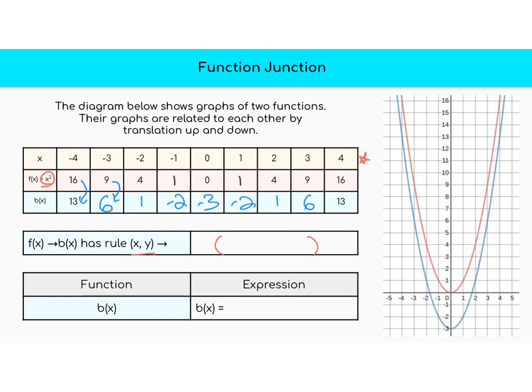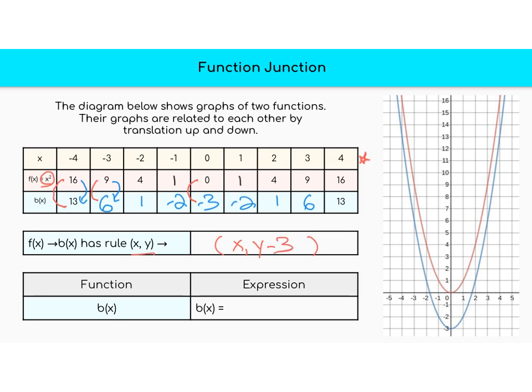So since the x coordinates remain the same, we're going to keep the x coordinate as x. But what happened to the y coordinates when we translated it? It started at y, and then it went down 3. Started at 9, which is really y, went down 3. Started at 0, translated down 3. So the y coordinate went down 3.